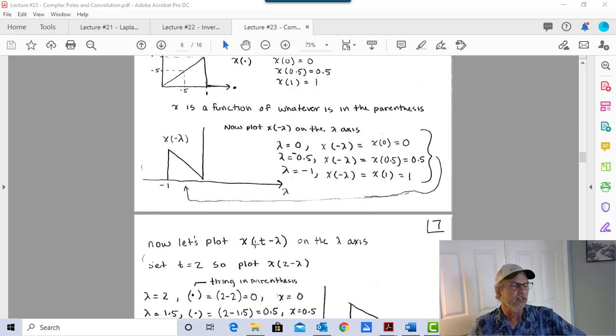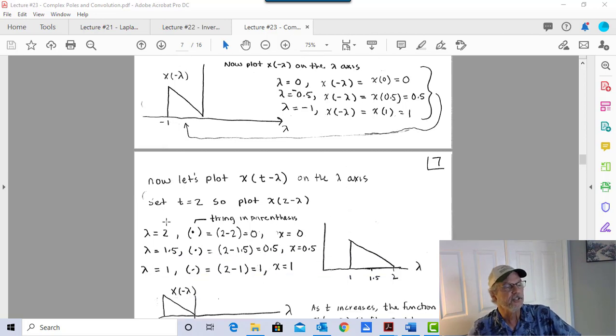Now, let's look at how we're going to handle x of t minus lambda on the lambda axis. So in this case, we are plotting a function of lambda. We're plotting t minus lambda, but since this axis is lambda, t is going to be a constant. So let's look at x of t minus lambda when t is equal to 2. So we're going to plot x of 2 minus lambda.